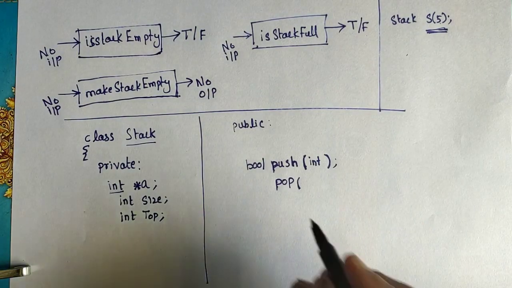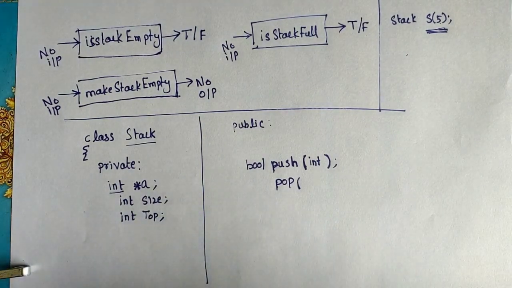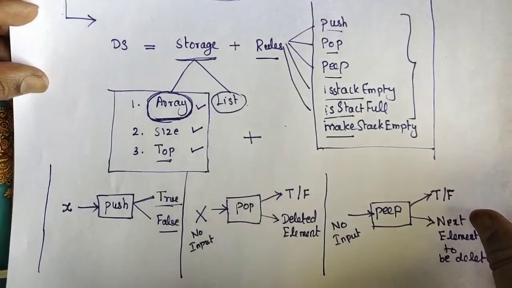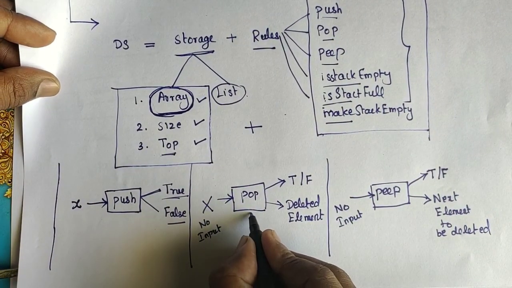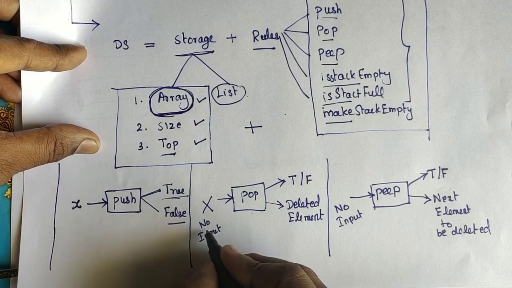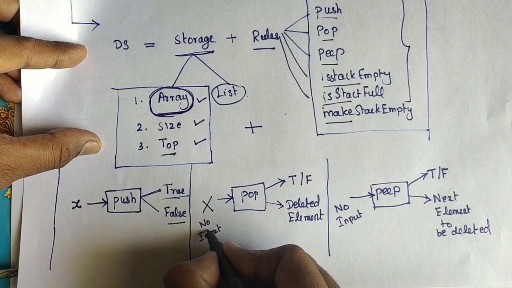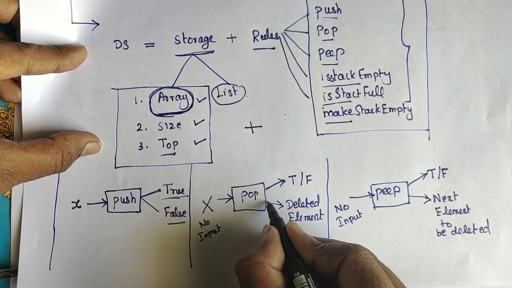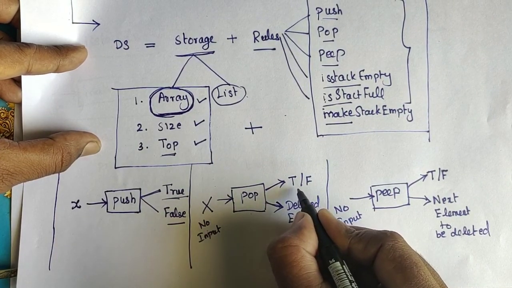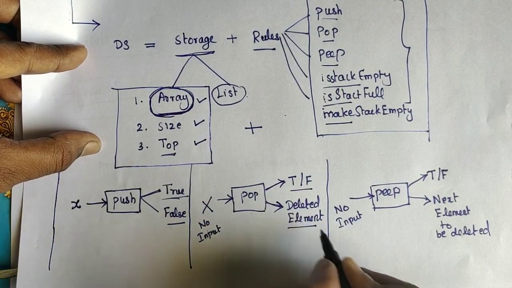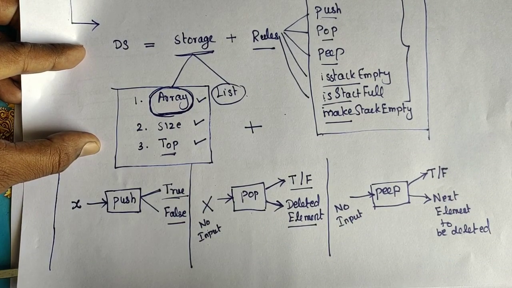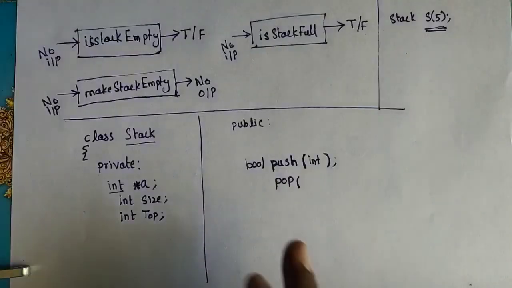But for pop I expect two different values: one is true or false, another is the deleted element. So I'm expecting two outputs from the function.